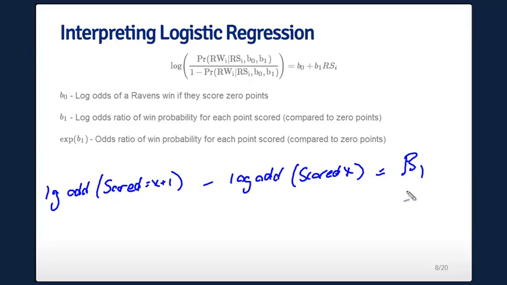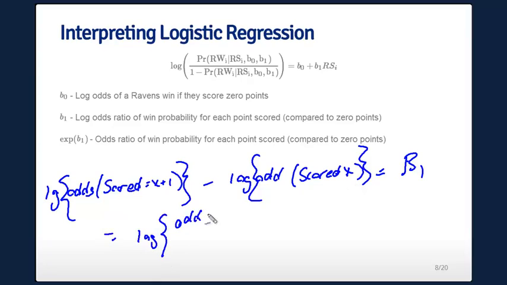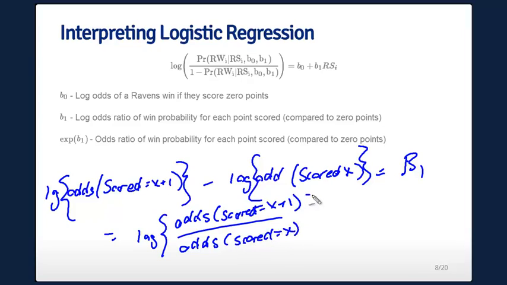Because this is a subtraction of two logs, that's equal to the log of the odds if points scored equals x plus 1 versus the odds if points scored equals x. So that's why we consider it the log odds ratio, and it is equal to beta 1.